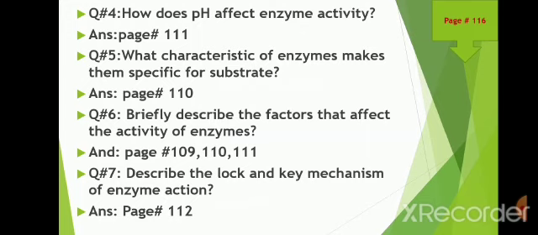That pH is called the optimum pH. For example, pepsin is an enzyme that works in the stomach cavity and it works in acidic medium, while trypsin is an enzyme that works in the small intestine and it works in alkaline medium.